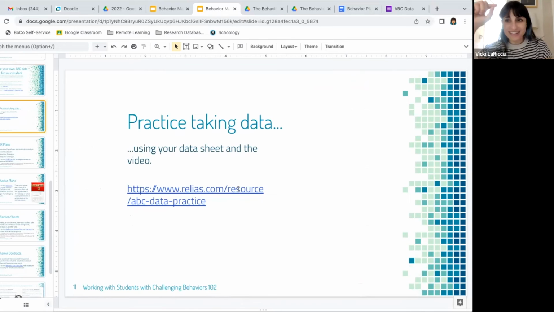There is a point, and I always forget when it happens in the video, where it looks like the data taker is missing something, but then later she goes back and fills out another row of data. And I always jump to this conclusion, like, wait, what is she doing? This doesn't match with the behavior, but we just keep watching. My memory serves me right that it is correct.